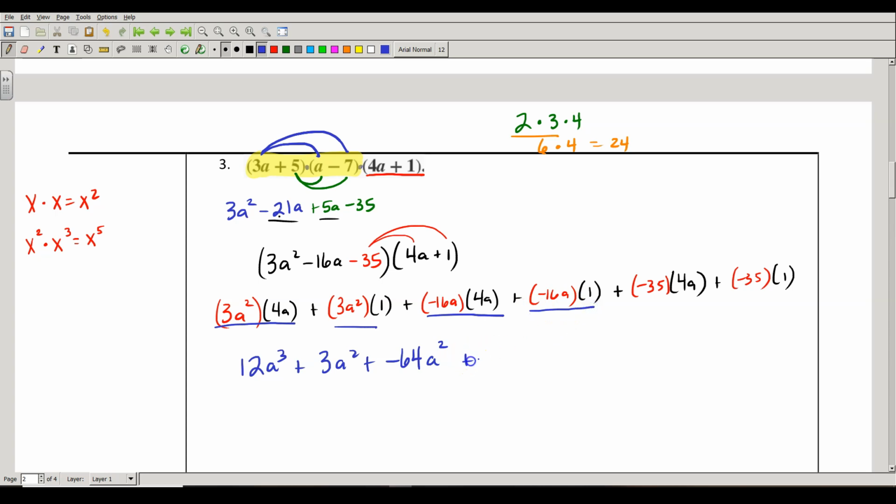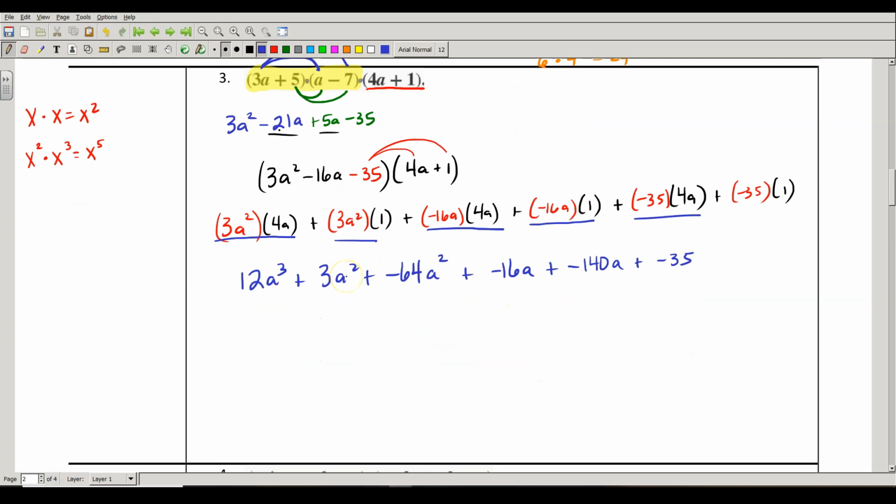Next one will be plus just a negative 16a. Go to the next one. That's going to be plus negative 140a. It's 120 and 20. Yes, negative 140. And then plus negative 35 there at the end.